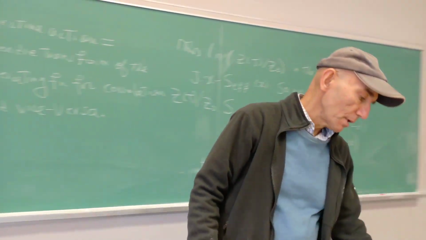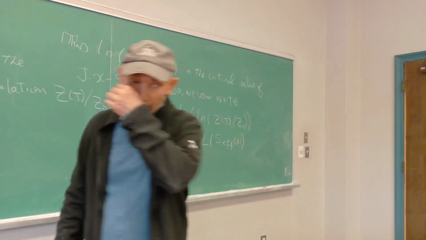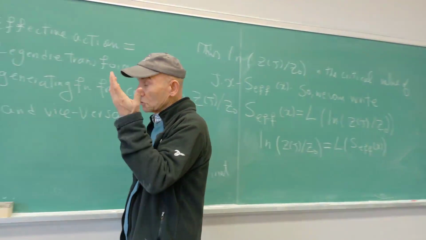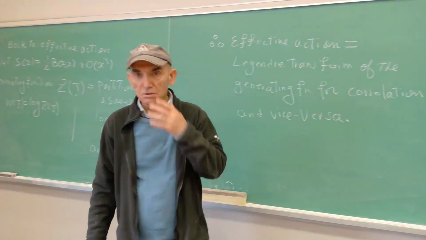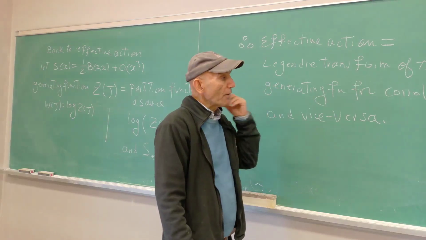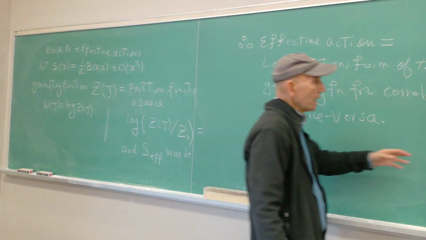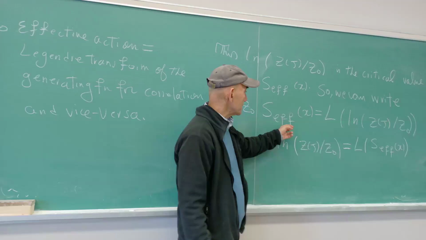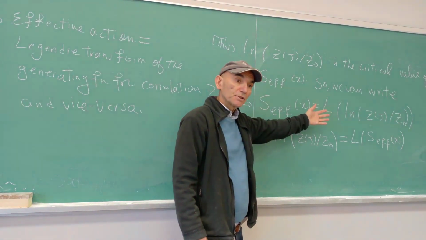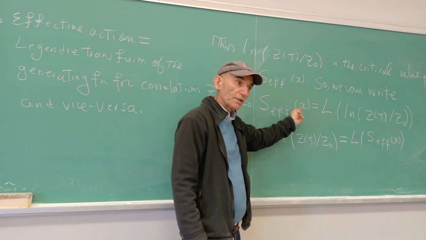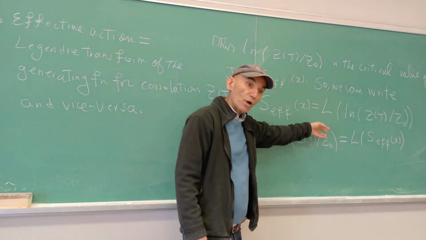Again, it looks like we haven't done much. It's almost like a tautology at this stage. But the power comes from the fact that S effective allows a perturbative expansion in h bar, starting with the original action S, and then there is S1 h bar.